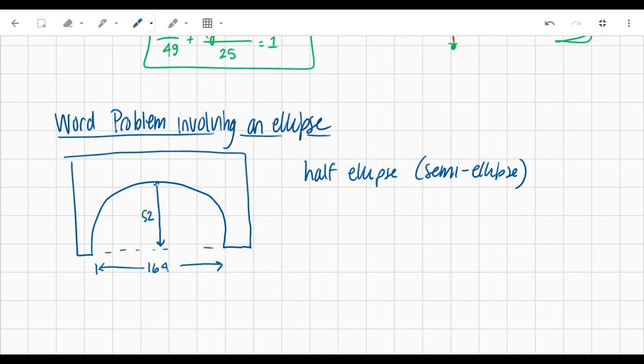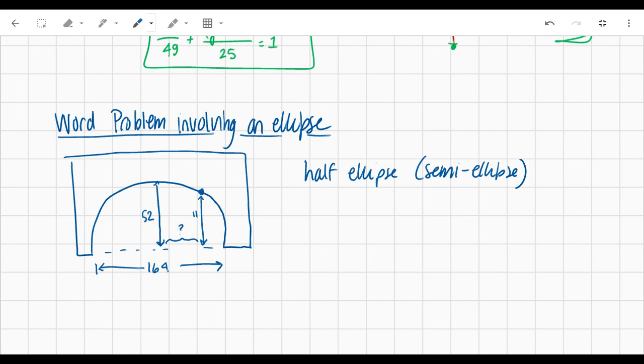And then they tell you at point P, some point farther out, the height is 11. And they want you to find this distance here, how far out it has to be from the center.